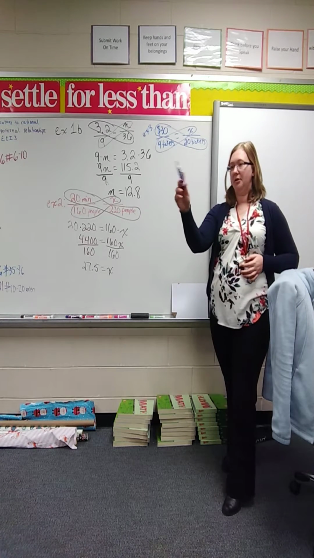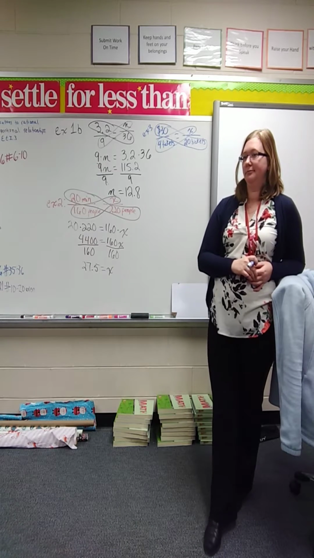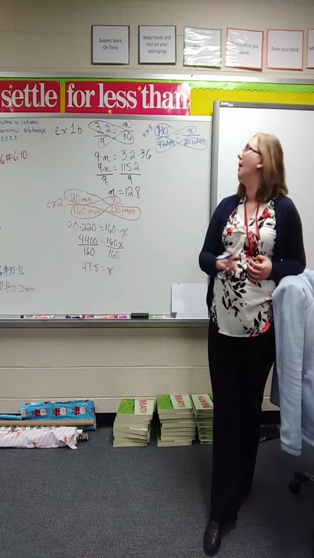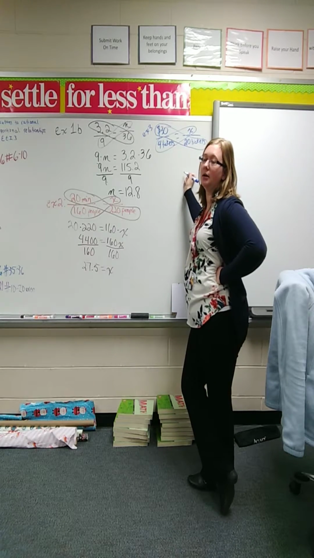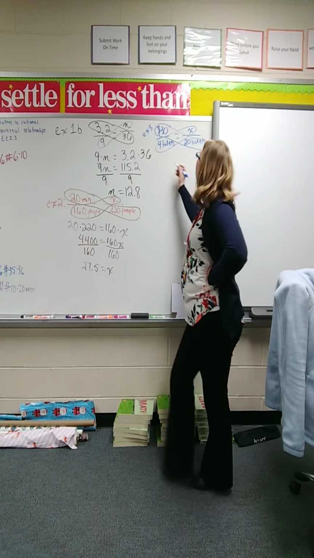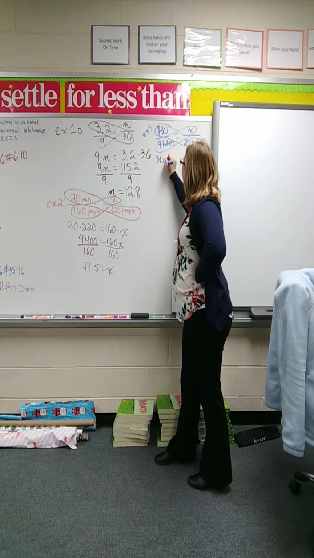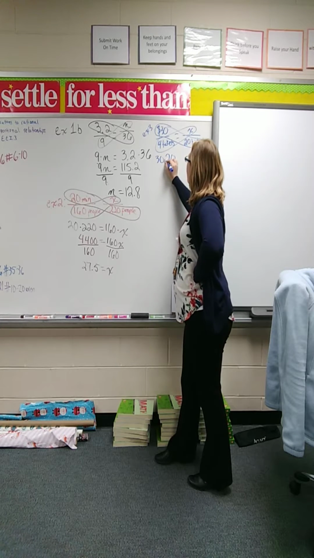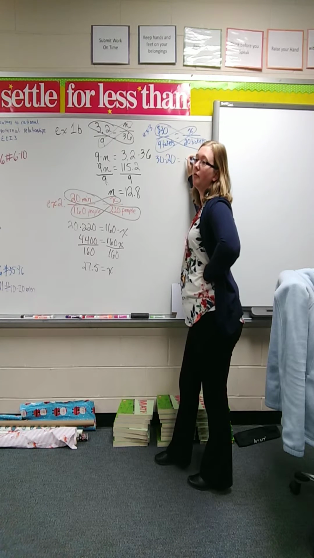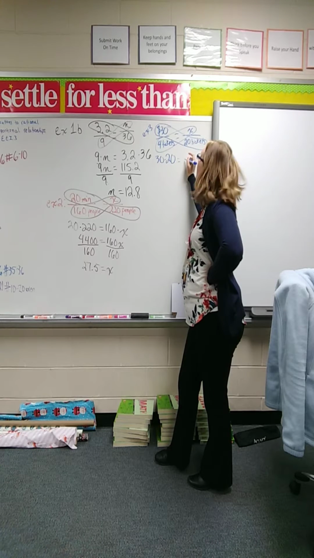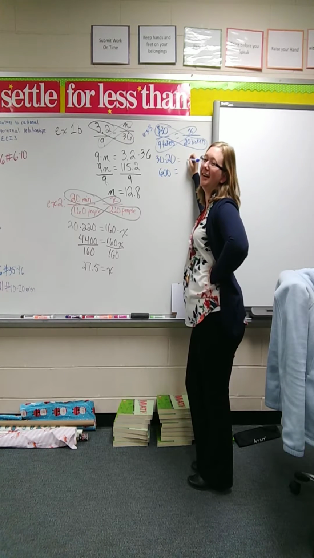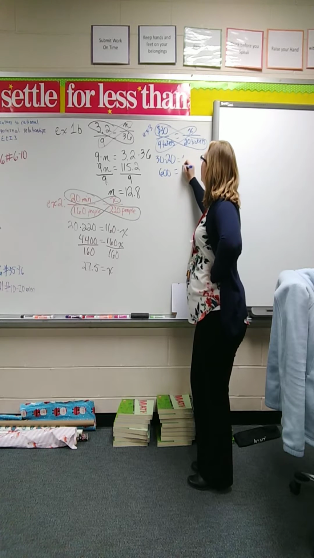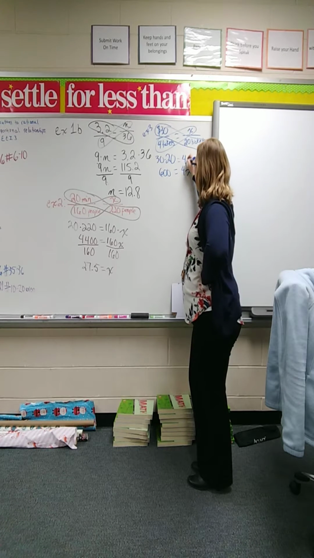I need to multiply it, okay? So what am I going to write down to show my work? 30 times 5. Or no, 30 times 20. And that equals what? 600. Okay, what goes here? 4 times x.